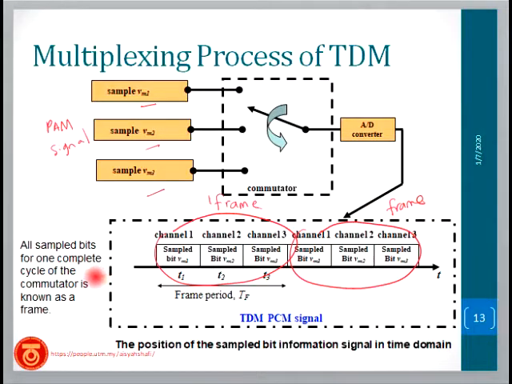All the sample bits for one complete cycle of the commutator are known as a frame. These will be combined by the commutator and then converted into digital, and categorized by frame. So this is one frame, second frame, and so on.